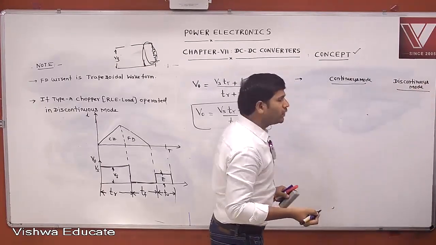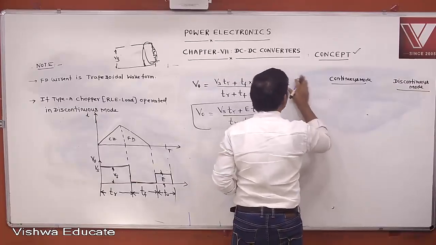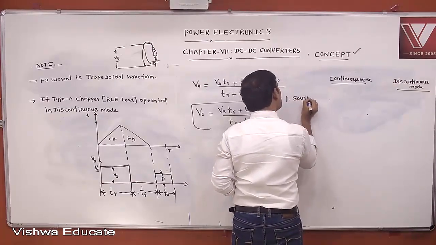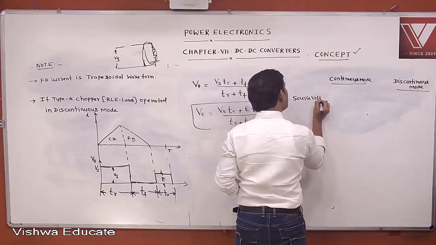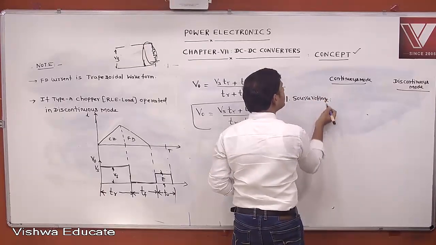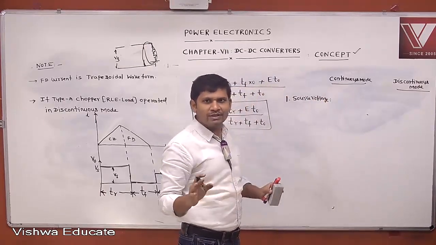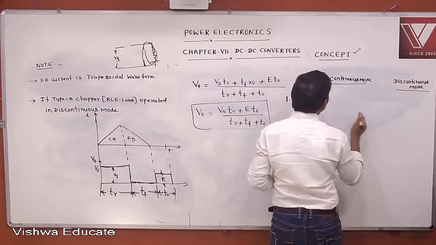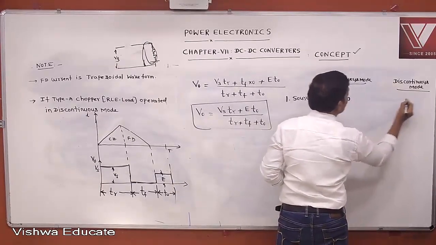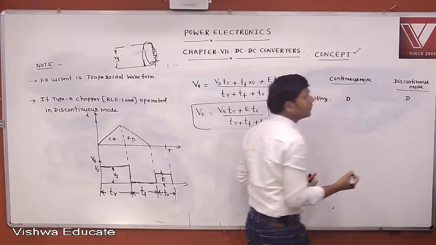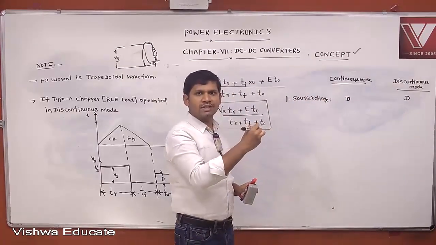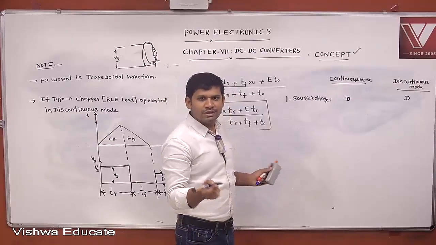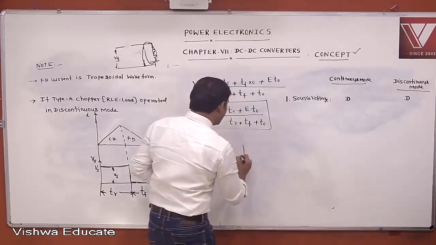In continuous mode and discontinuous mode, what about source voltage? If any chopper, generally chopper is given. In general, source voltage is also discontinuous, because if the chopper is on, source is connected. If the chopper is off, source is disconnected. Understood?